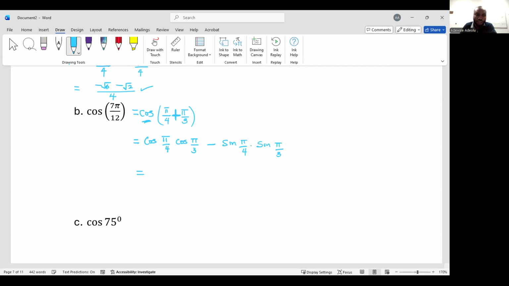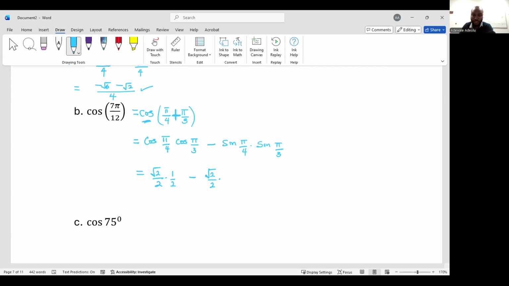So equals to cosine of pi over 4, that is root 2 over 2, times cosine of pi over 3. Cosine of pi over 3, remember, pi over 3 is up there in your unit circle, and cosine is x value, which is the shorter part. So that would be 1/2. Minus sine of pi over 4, root 2 over 2, times sine of pi over 3.